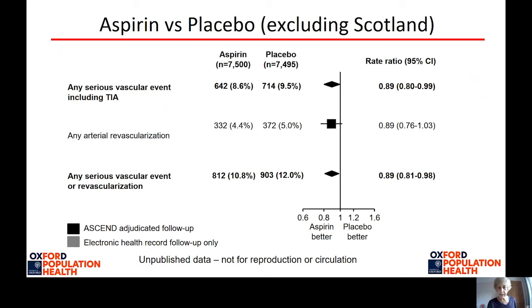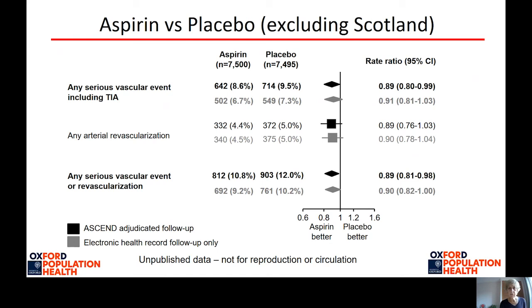But if we had just had access to HES for these same patients, we would have got almost exactly the same result. Not quite, the confidence intervals are a little wider.